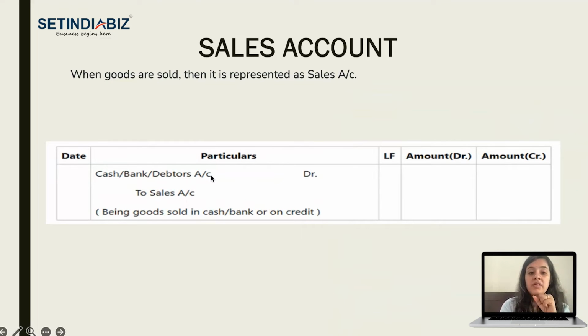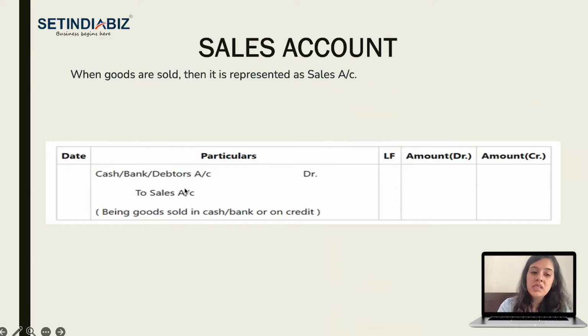Now, when we write this term debtors, whenever we are not having sales on cash, when we say goods are being sold to ABC company, there's nothing mentioned whether any cash is received, whether any check is received, it just says that goods are being sold to ABC company. So ABC company is our debtor, the company who will pay us later, right?